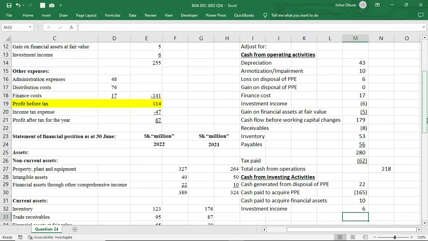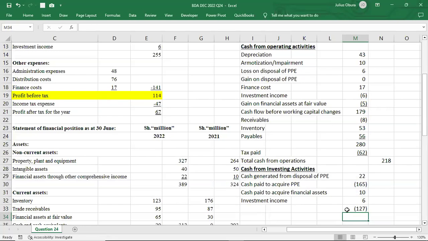So this will give us our total cash from investing activities, and it will be equal to 127.